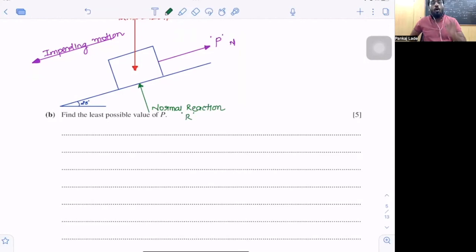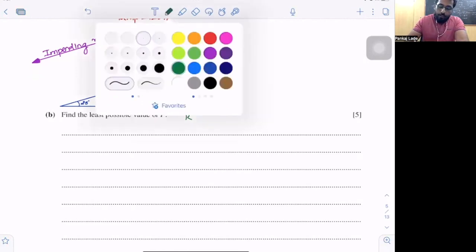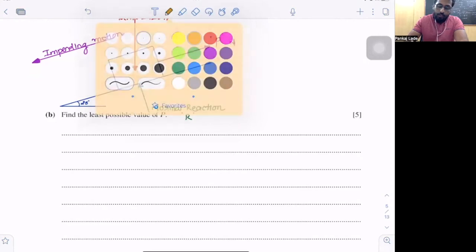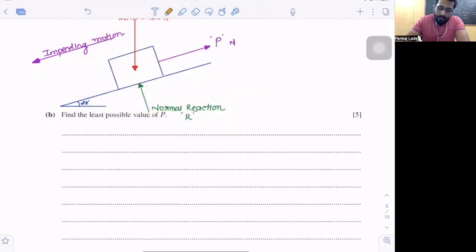Frictional force always acts in the direction opposite to the direction of impending motion. So the frictional force needs to be applied in the upward direction, up the plane. I'm going to denote it by F.